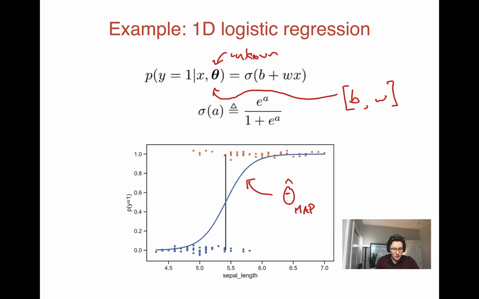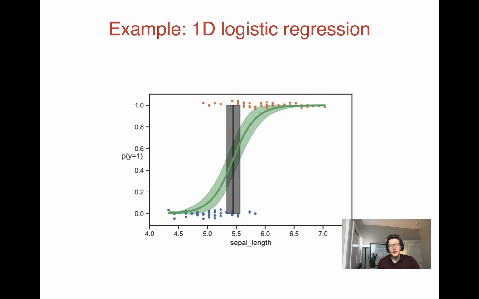That is, here we've picked the MAP parameters, but of course there's some uncertainty in that. So if we actually figure out what is the distribution of values of theta, we might get something like this.